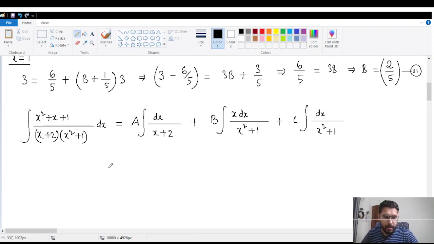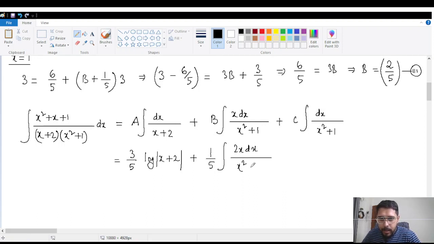plus c integration dx over x square plus 1. Next, a is 3 by 5 and integration dx by x plus 2 is logarithm of x plus 2, plus b is 2 by 5. Now integration x dx by x square plus 1. In order to do that, why don't I take the 2 inside and make it 2x dx over x square plus 1.